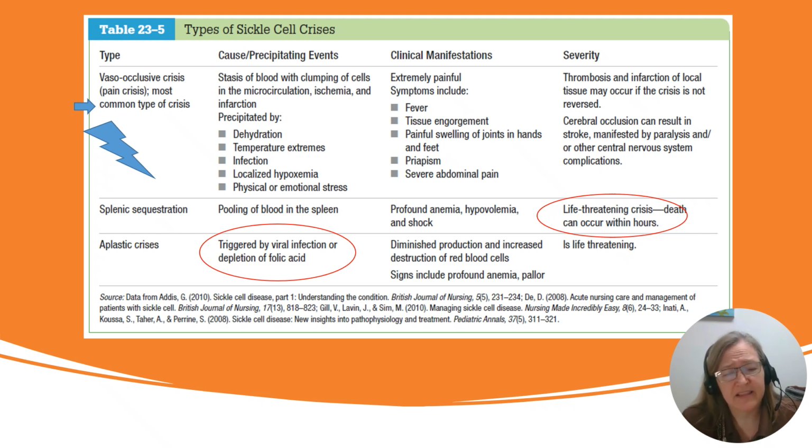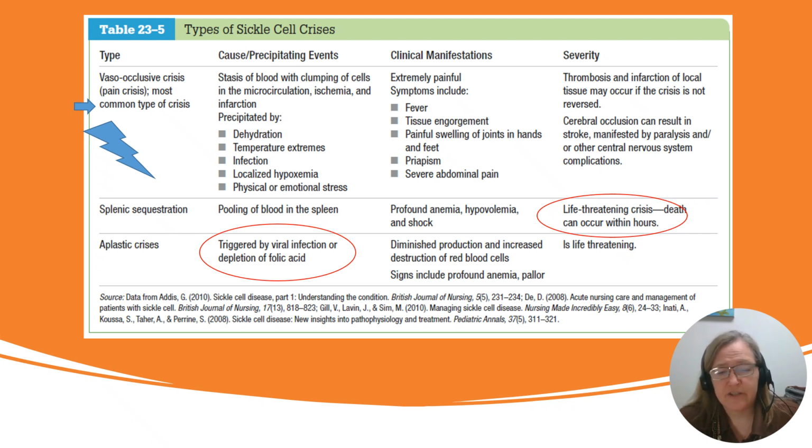And then finally, aplastic crisis, and this is usually triggered by a viral infection and depletion of folic acid. If you remember from nutrition, folic acid is needed for making red blood cells. If you have massive depletion of your red blood cells, generally what we do with these patients is that they come in periodically for blood transfusions.